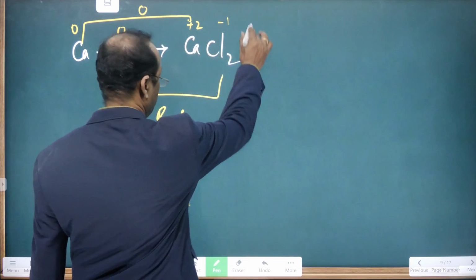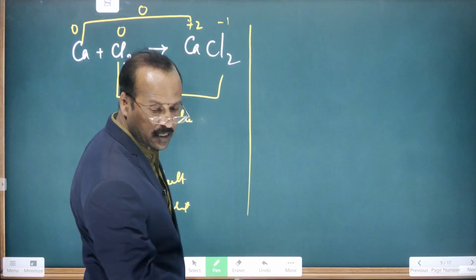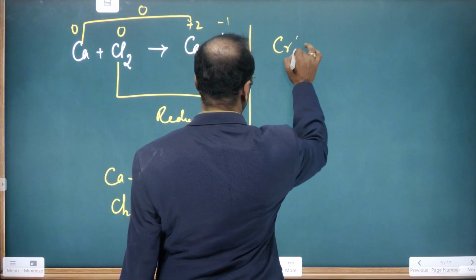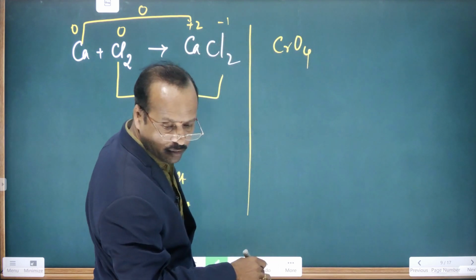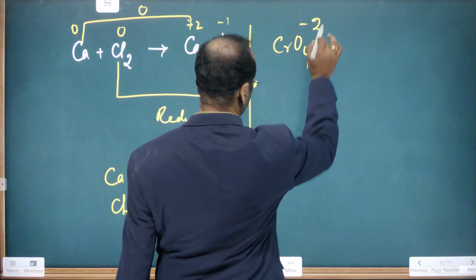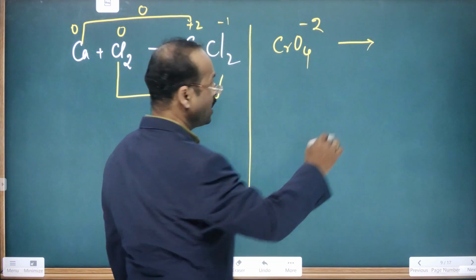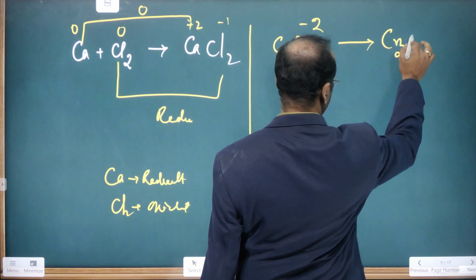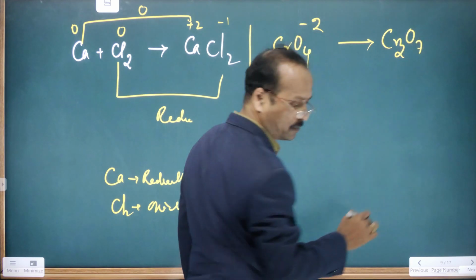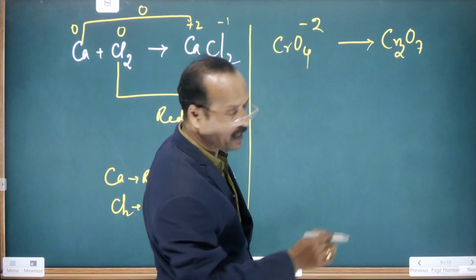Okay, let's check the third one. What is the third one? CrO4 -2 gives rise to Cr2O7 -2.